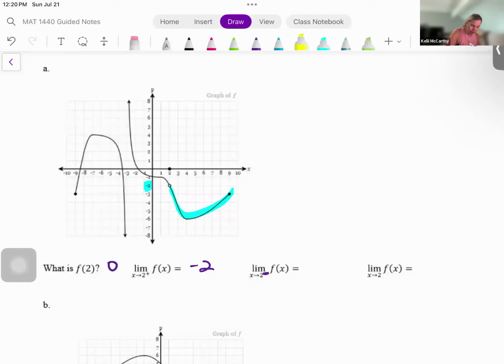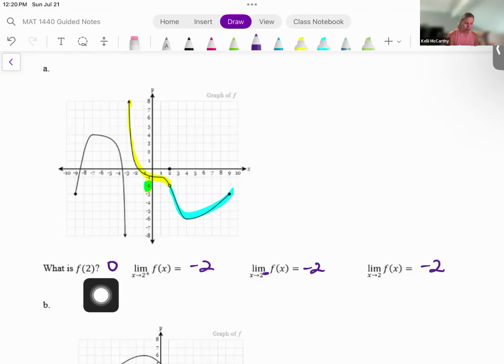Looking at approaching x equals 2 from the left, now I'm tracing this in yellow. I'm coming from the left side to 2. That's also approaching the value -2, which tells me that the limit as x approaches 2 is -2.